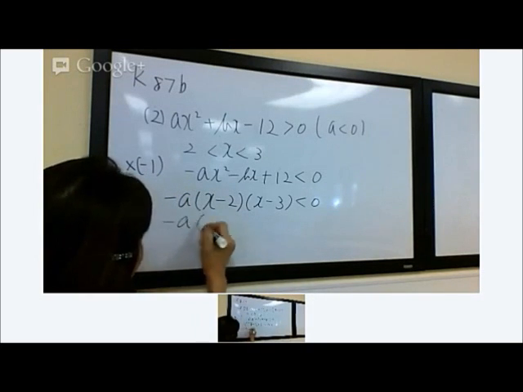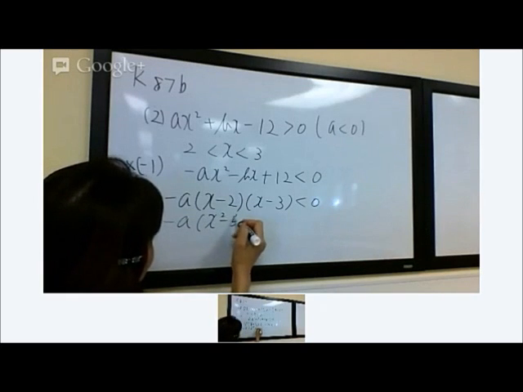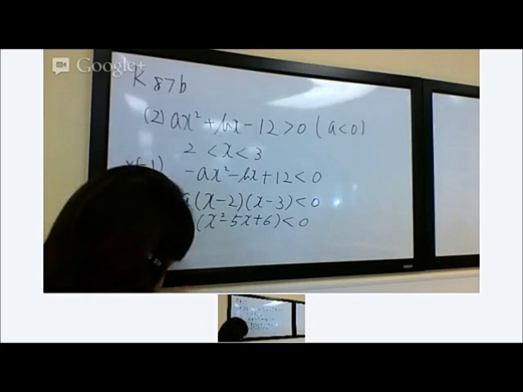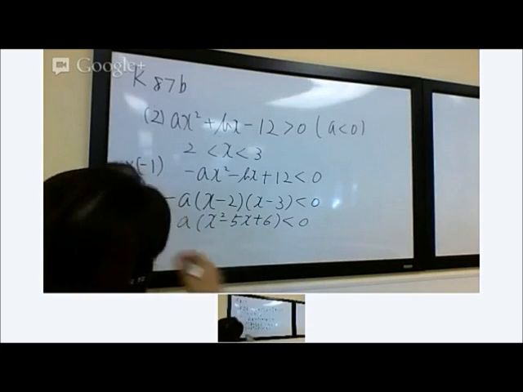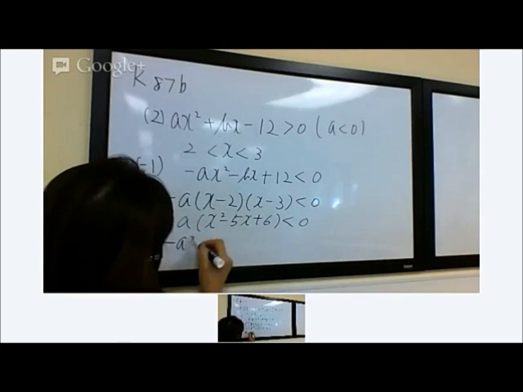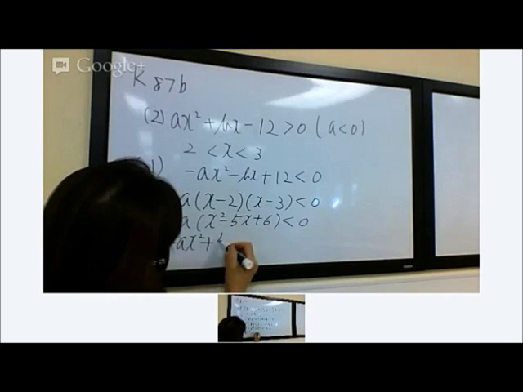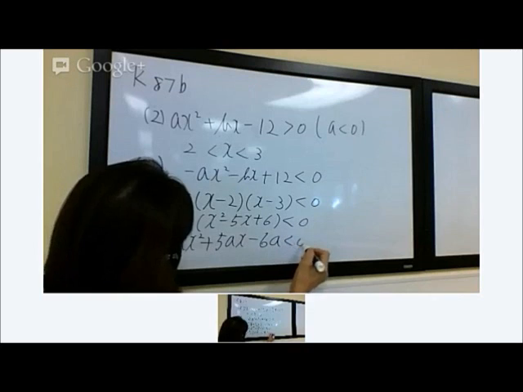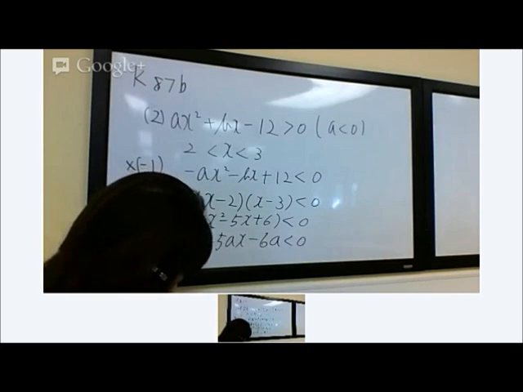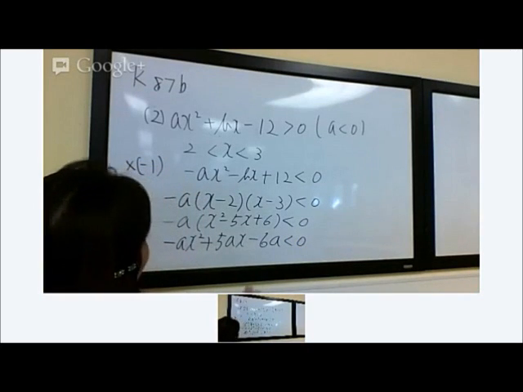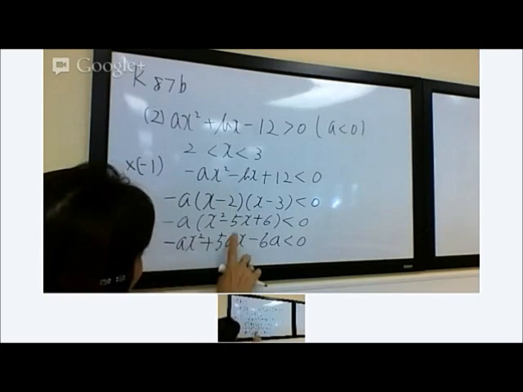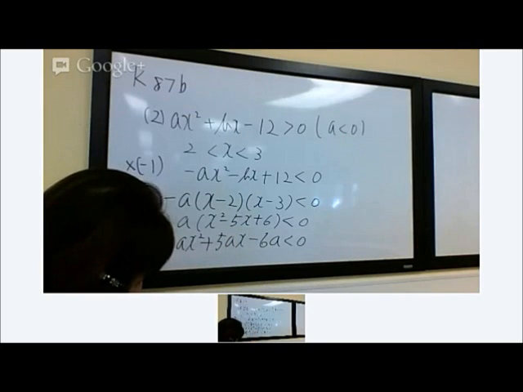So negative a, x squared minus 5x plus 6. Then open the parentheses: negative ax squared plus 5ax minus 6a. Then compare the coefficients here. Now target, target.